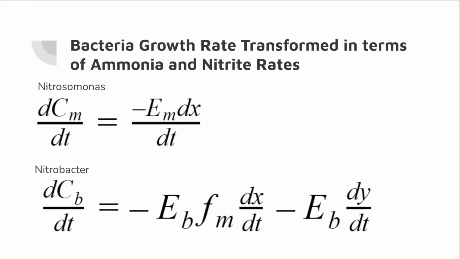As you can see, the concentration of Nitrosomonas is only a function of the concentration of ammonia, represented by dx/dt. However, the concentration of Nitrobacter is a function of both the concentration of ammonia and nitrite, the latter being dy/dt. This indicates that we will need to use a numerical solver to obtain the concentration of Nitrobacter with respect to time.